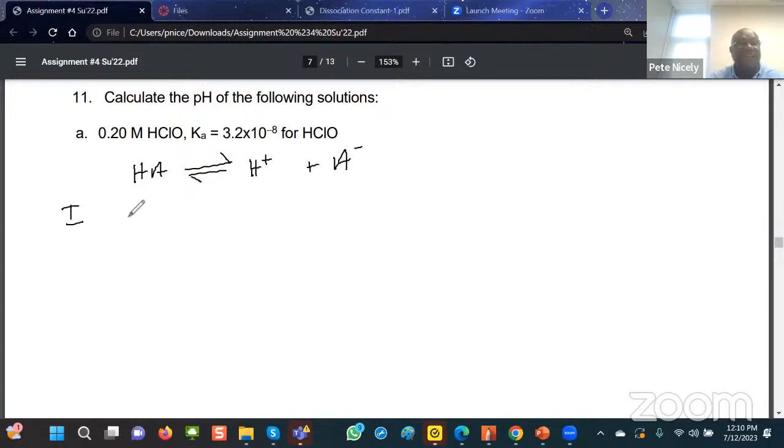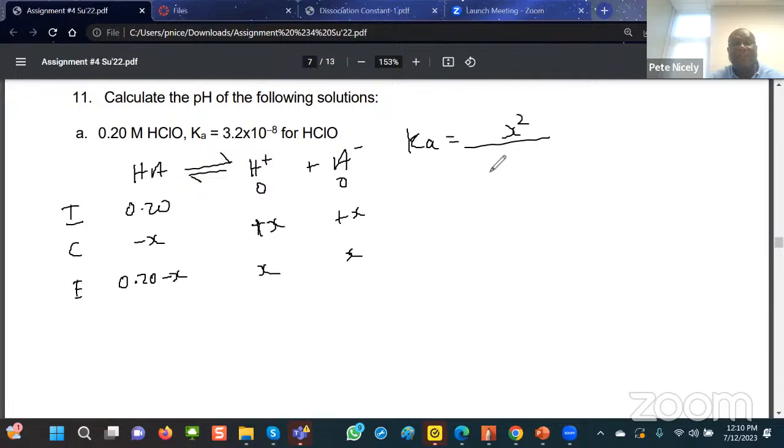So initial, you're going to have 0.20, 0, 0. The change here will be plus X. And here you're going to have 0.20 minus x, x and x. So Ka will be equal to x squared over 0.20 minus x. Assume x is much less than 0.20.